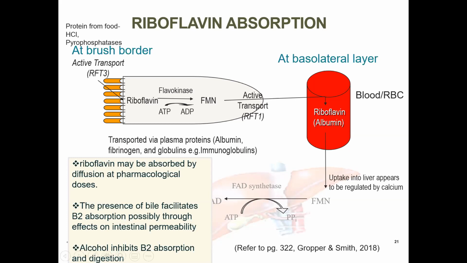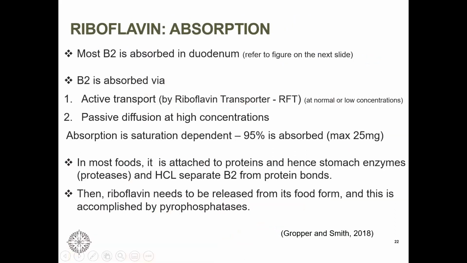Okay, so these absorption steps are quite similar, and it is kind of similar in a way what the body does to them, but you have to remember the names of different transporters, which is also kind of easy. For thiamine, we have thiamine transporter. For riboflavin, we have riboflavin transporter.